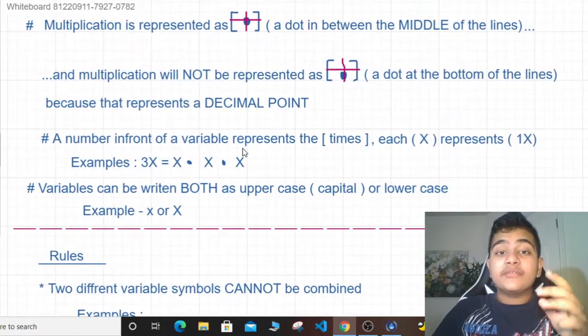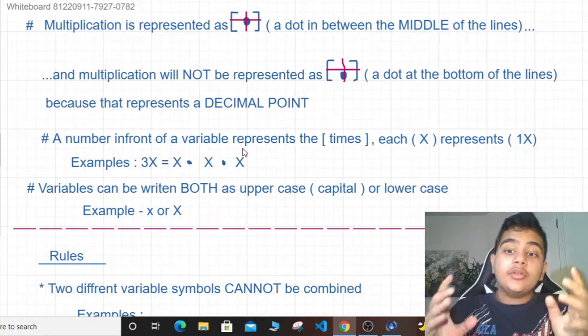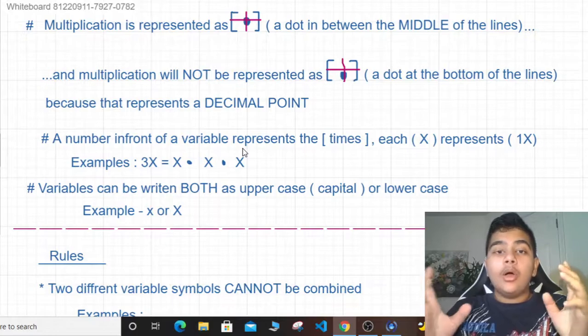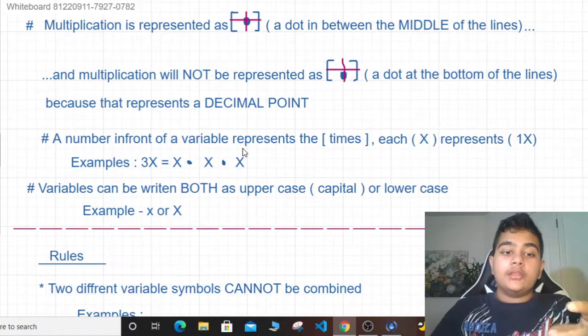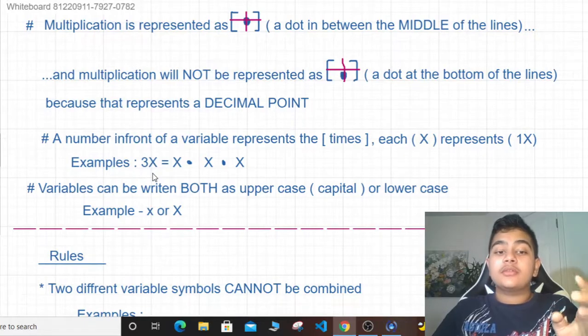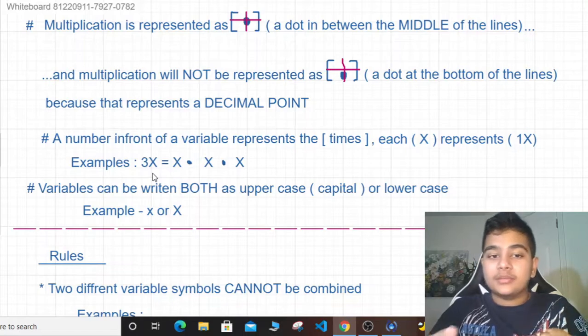A number in front of a variable represents the times. Each x represents 1x, or you can think of it as 1 unit. As we can see here in the example, 3x equals x plus x plus x. So that's what it means by times.